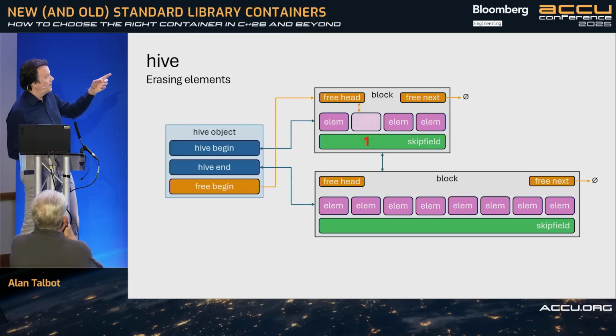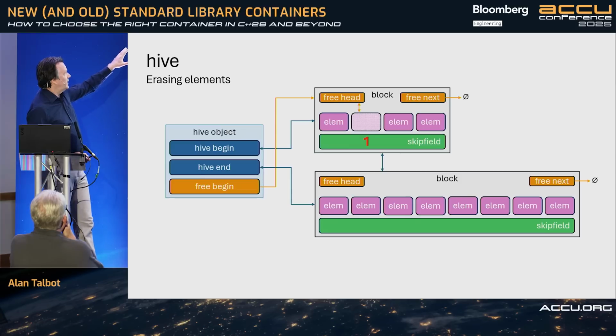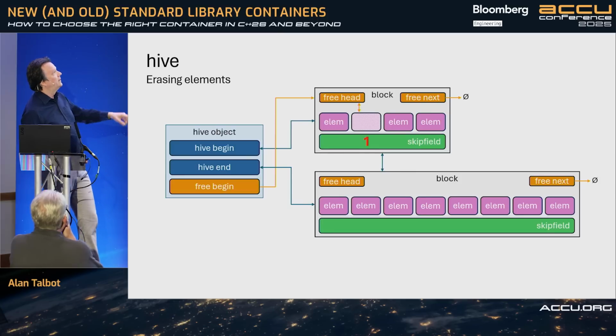That goes on the free list, which is this slightly complicated structure where you have a linked list of blocks with free elements, and then within the block you have this index-encoded linked list of free elements. And your skip field, which says 1, jump 1.